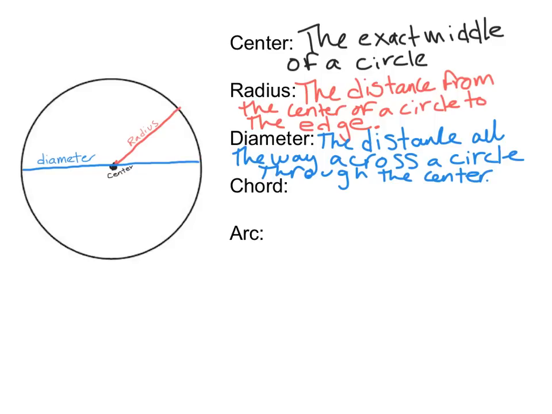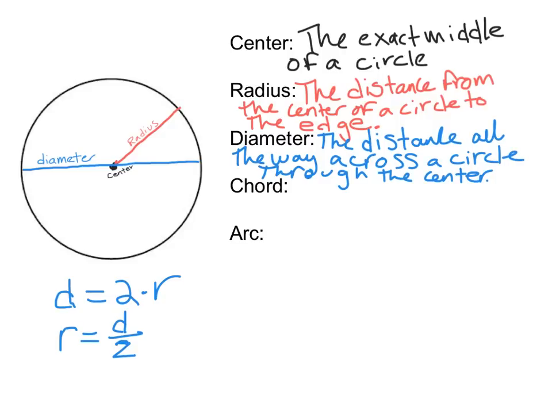And you can hopefully see that the radius and the diameter are pretty closely related. It's important to note that the diameter, or D, would equal 2 times the radius, because 2 radiuses next to each other would equal the diameter. And likewise, the radius would equal the diameter divided by 2.